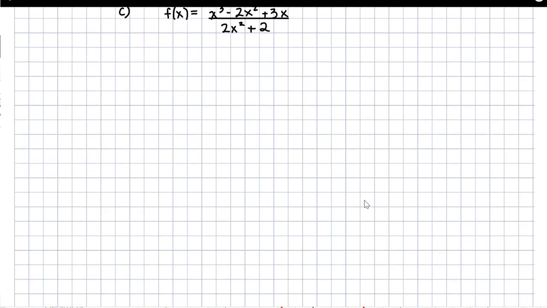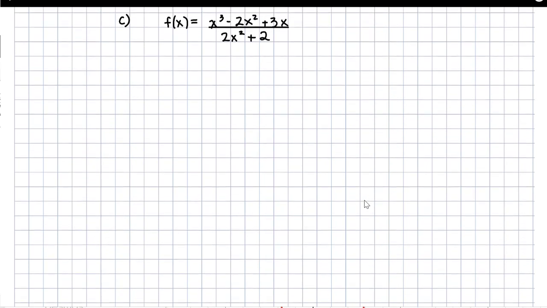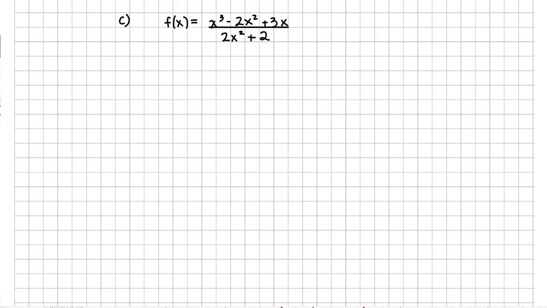Okay, so this is our third possibility right here, in terms of the degrees I'm talking about. This is the case where the numerator wins. We'll see what happens. The degree of the numerator is 3.